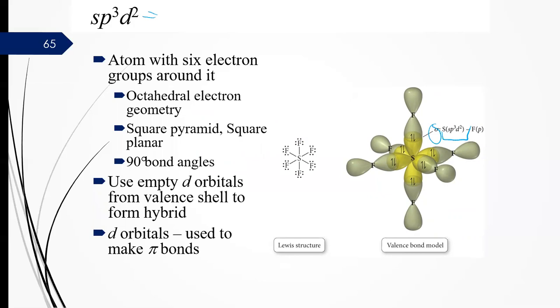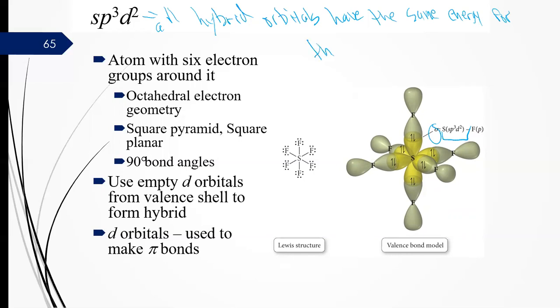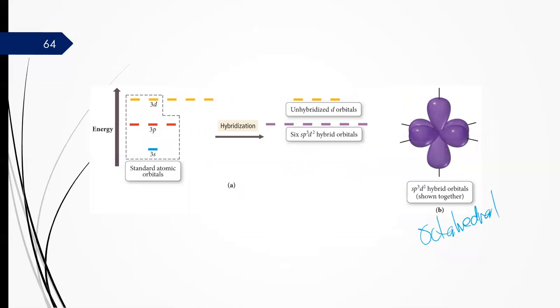All of the hybrid orbitals have the same energy for that molecule. So instead of being segregated as 3s being a lower energy than 3p, which is a lower energy than 3d, we mix them all together to form one set of our hybrid orbitals, all with the same energy.